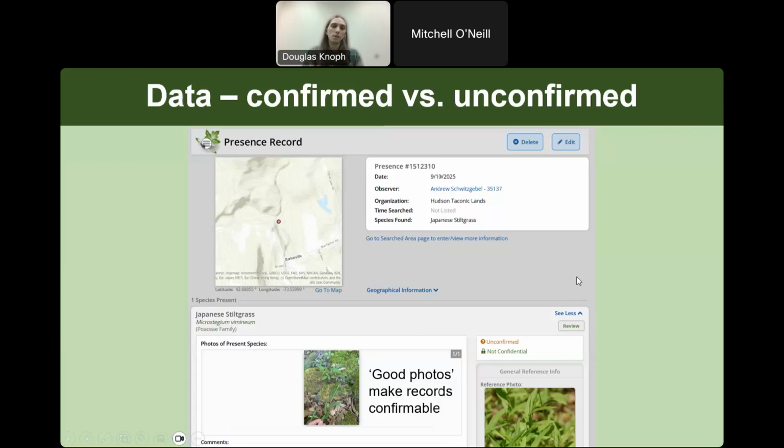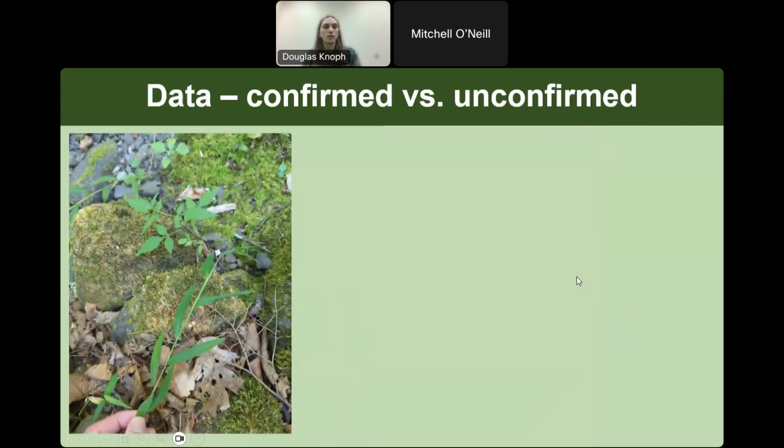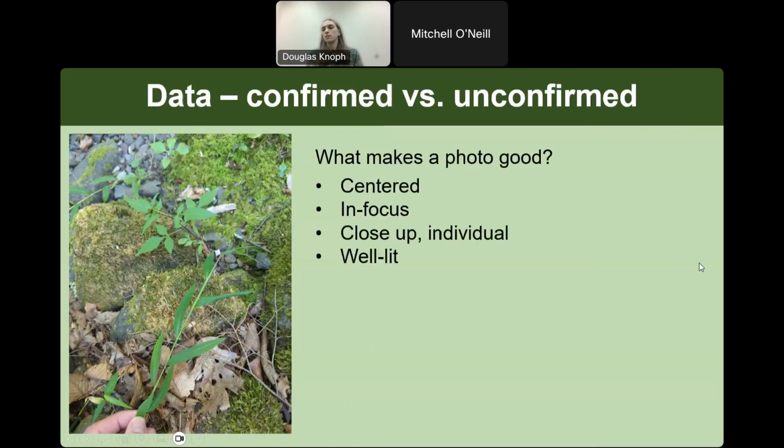And there are certain things that make a photo a good photo and make a record easily confirmable. So taking a closer look at this record here, if we zoom in on the photo that they provide with it, we can ask ourselves what actually makes a photograph good and what makes a record confirmable. There are several things that you can take into account when taking photos for these records.